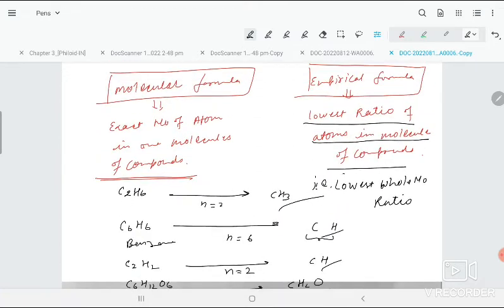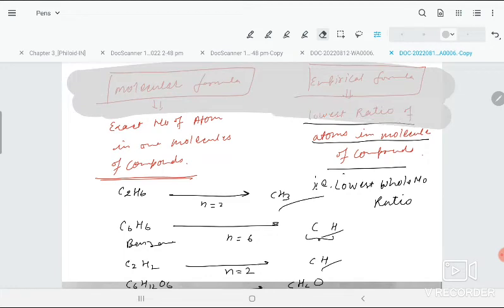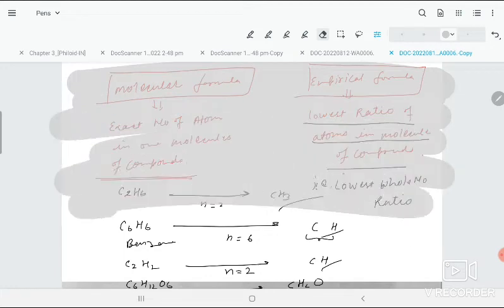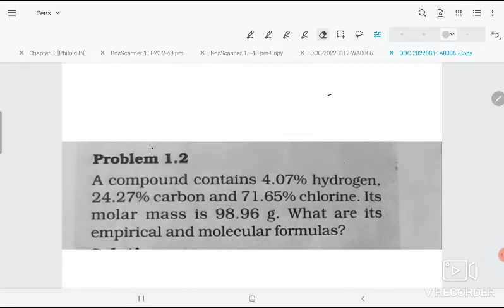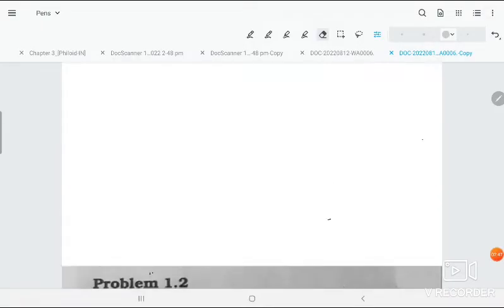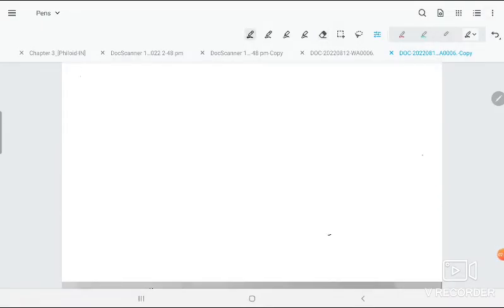If you are solving the problem, multiple steps are required, minimum 4, 5, 6 steps. Let us see what these steps are. Step number 1: percentage mass to gram mass, because we have to calculate the number of moles.